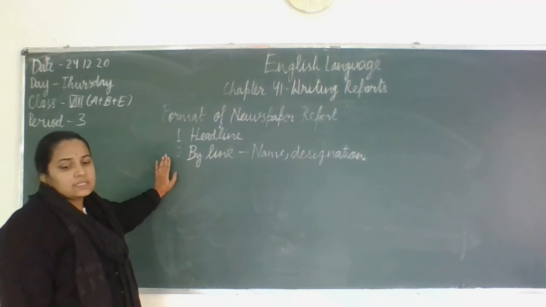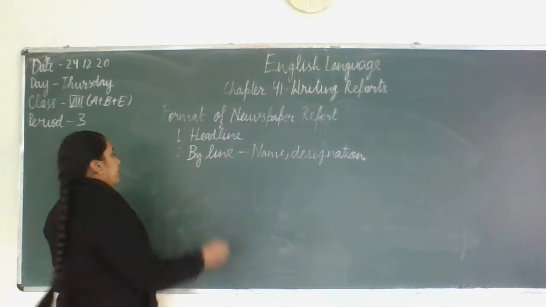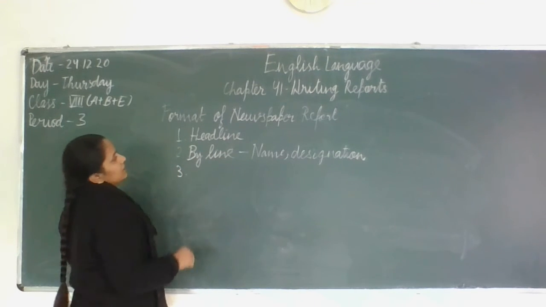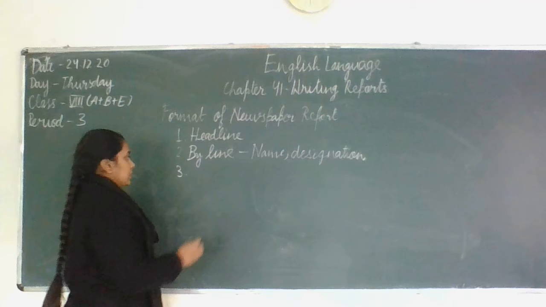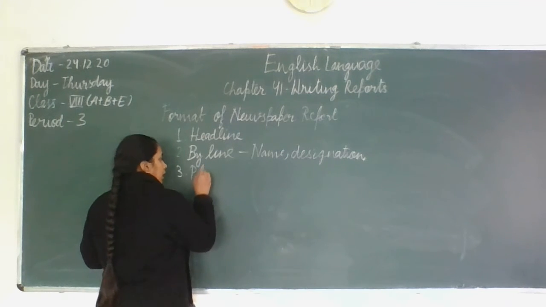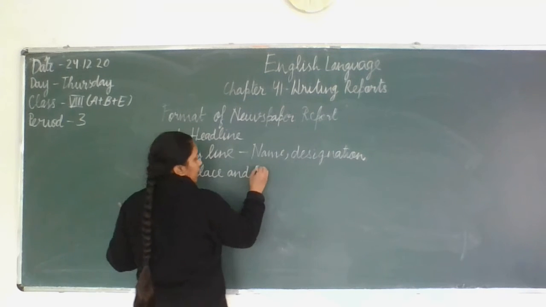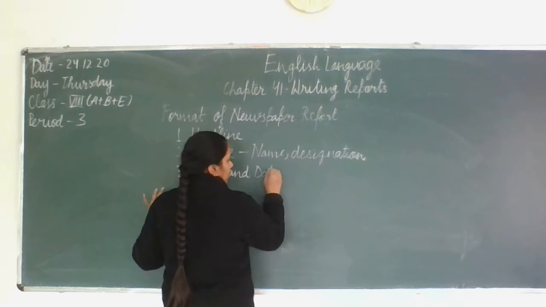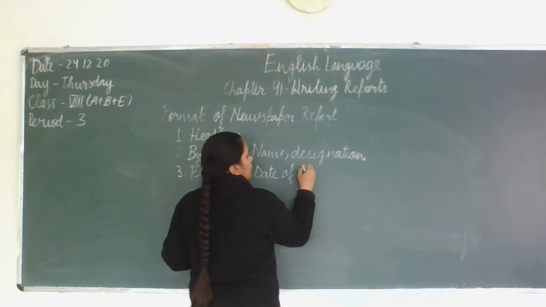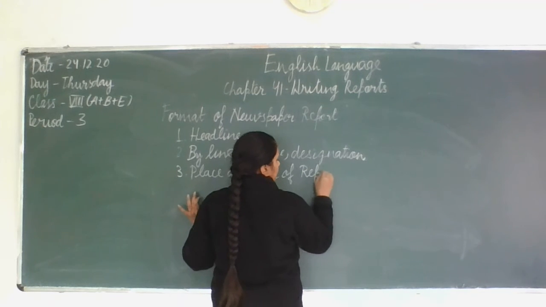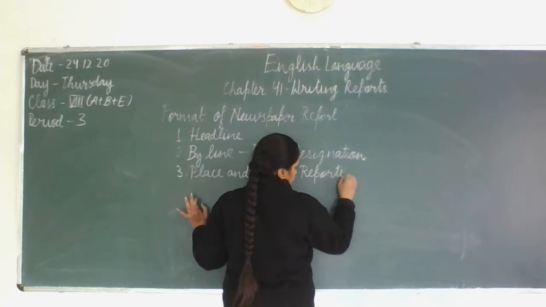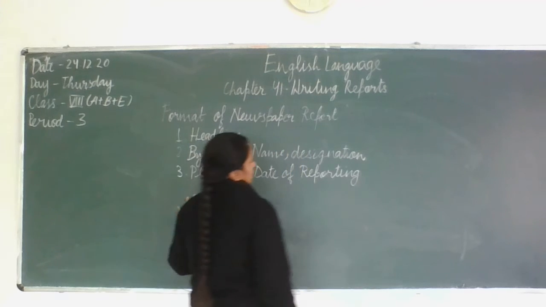Then after this comes the third element, which is different in the case of a newspaper report. It is the place and date of reporting.